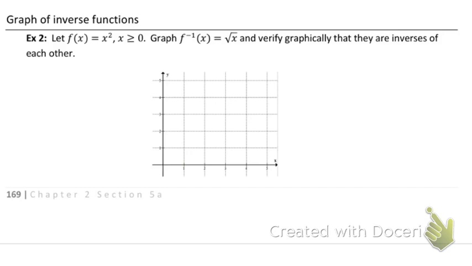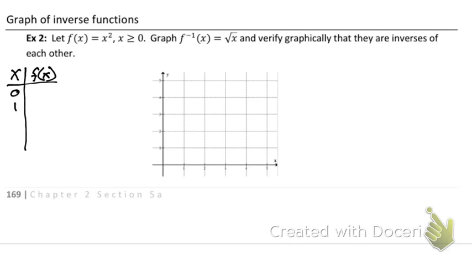Let's see what the graphs look like when they are inverses. So let's go ahead and do f of x equals x squared for x greater than or equal to 0. So let's pick some points. We're going to do f of x first. So we're going to have our x, and we're going to have our f of x. Well, since it needs to be greater than or equal to 0, let's go ahead and choose 0.